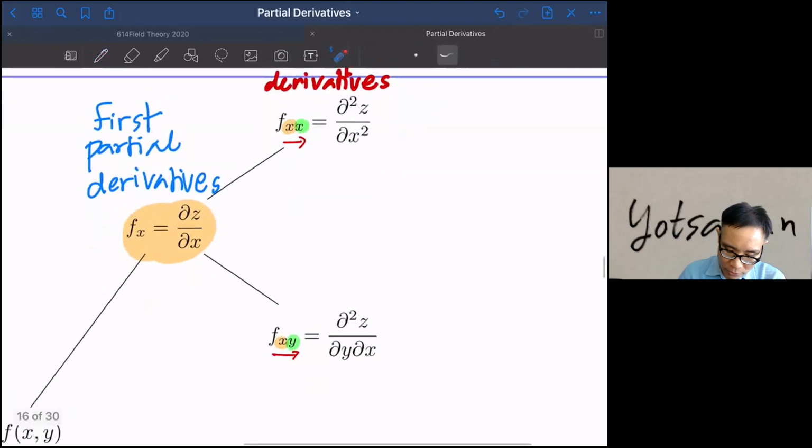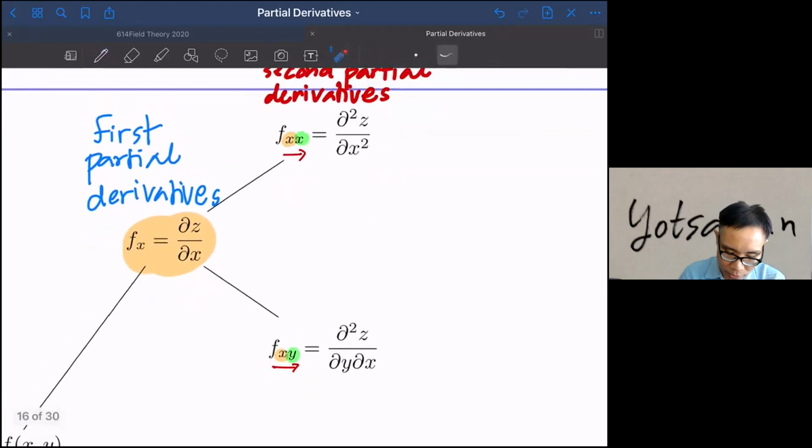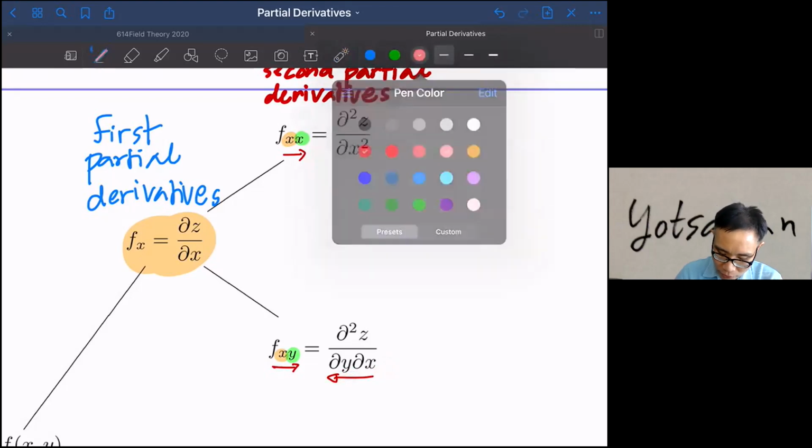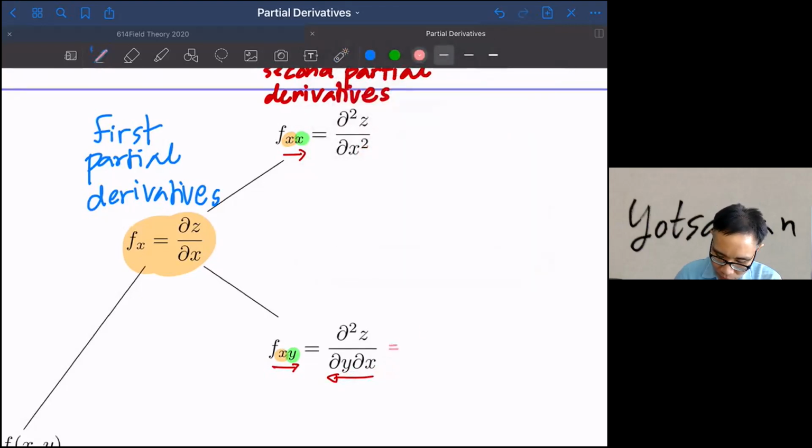And for the second partial derivative in the fraction notation like this one, when you read it, it's going to be from right to left. This notation means that first you differentiate with respect to x and you continue to differentiate with respect to y. So this one looks like that. The thing you have to notice is this guy turns out to be dy, and you have dz dx.